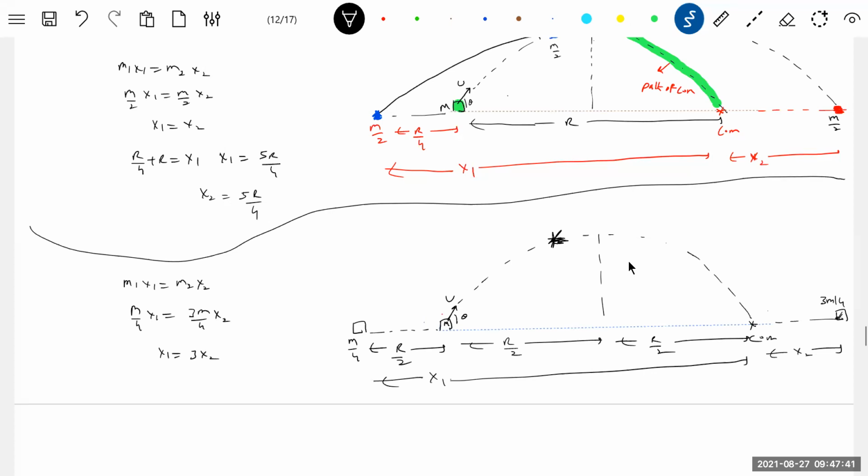So what is x1? x1 we have an idea from the diagram, R by 2 plus, or let it be R, 3R by 2. x2 must be R by 2, sorry.